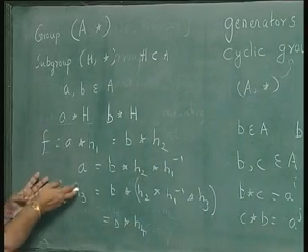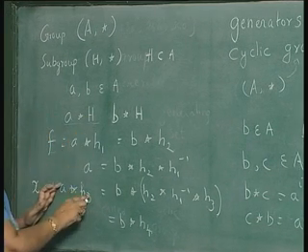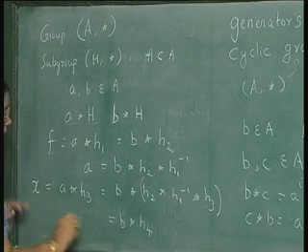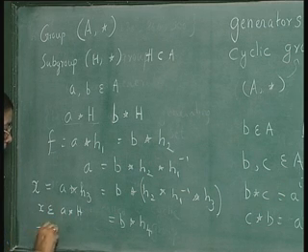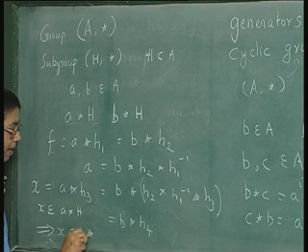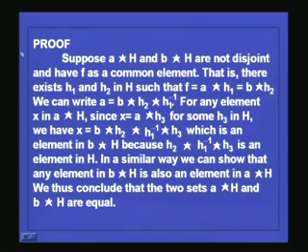So, if X belongs to a star H, then X belongs to b star H. Look at this: for any element X in a star H, since X is equal to a star h3 for some h3 in H, we have X equal to b star h2 star h1 inverse star h3, which is an element in b star H, because this whole thing h2 star h1 inverse star h3 is an element in H.